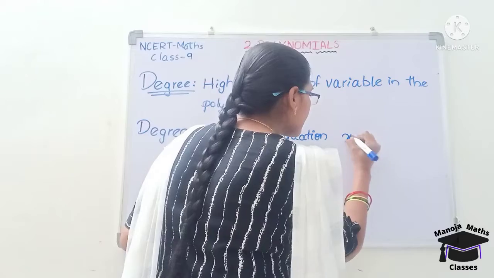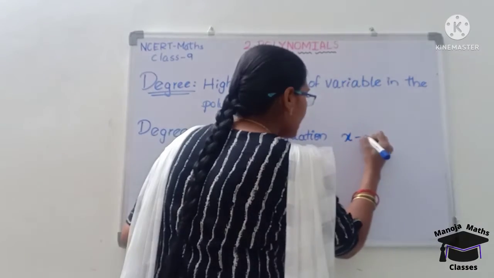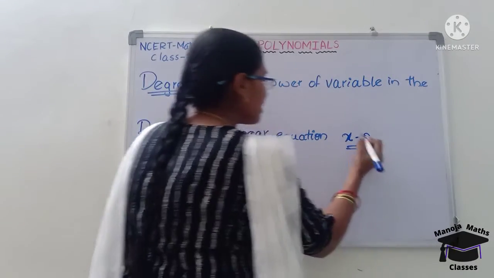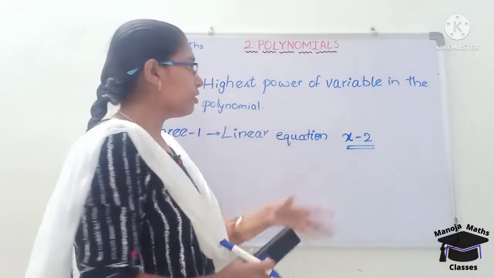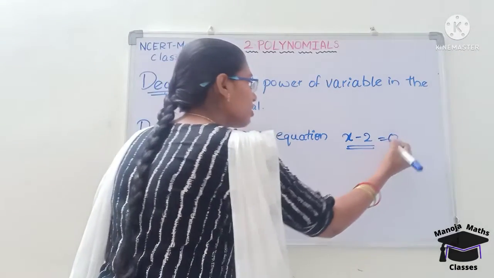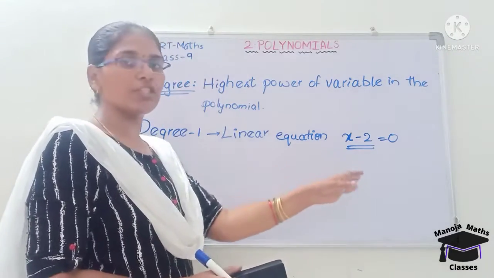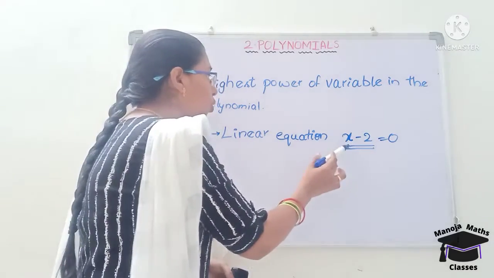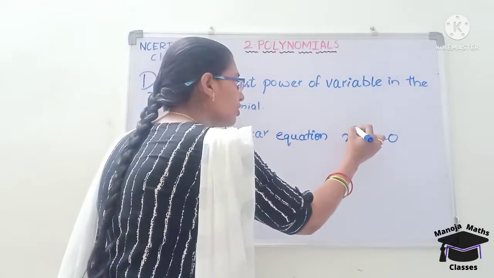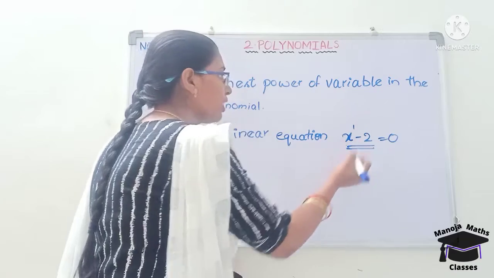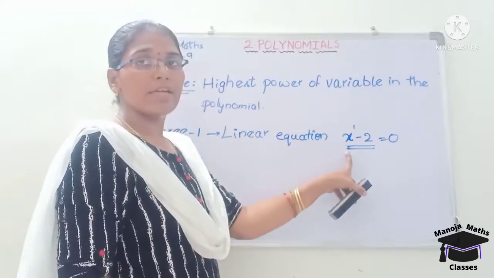Example, x minus 2. This is an algebraic expression, and if you write x minus 2 is equal to 0, it will become an equation, and you have only one term. What is the degree, children? Only one term, the exponent is 1, so the degree will become 1.